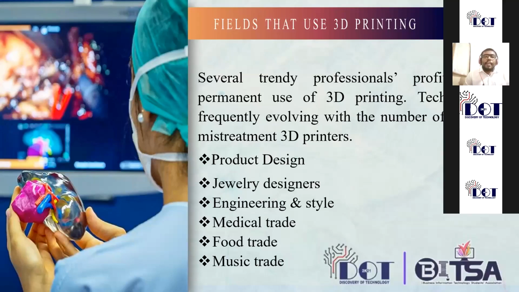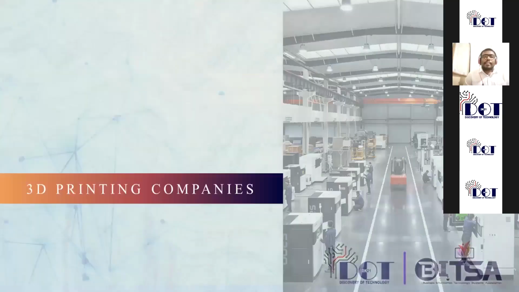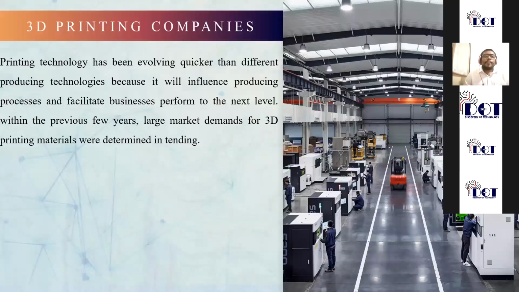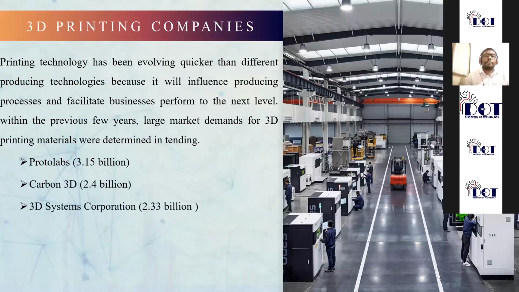And I think we can move to the next slide, and that slide is about the companies that have engaged in this 3D printing field. You can see some names like Protolabs, Carbon 3D, likewise. Those are the leading companies at the moment in this 3D printing technology field.